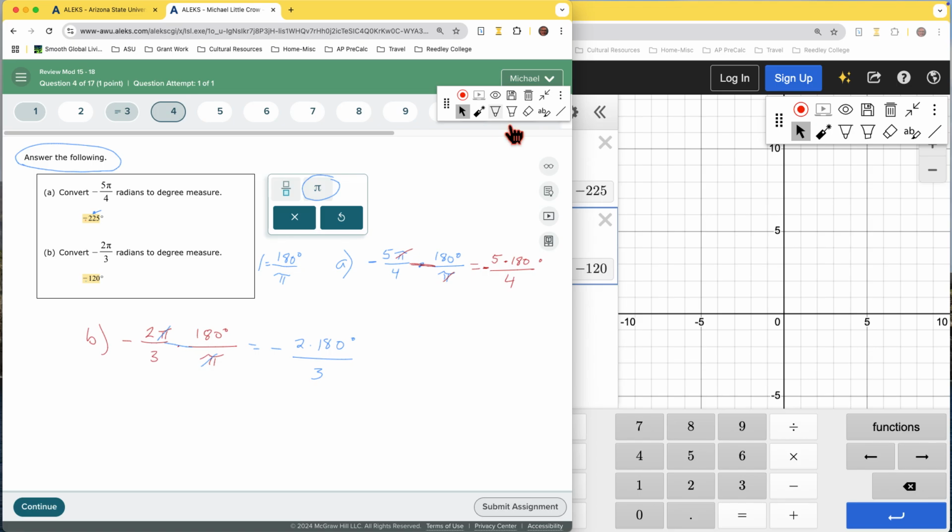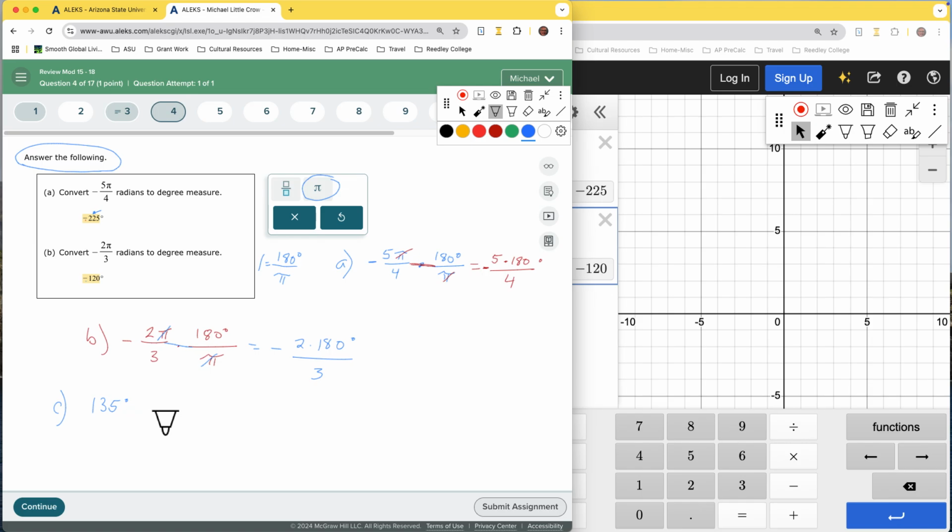Again, I'll show you mainly because if we're going with this rate, if we were given, let's do a C part. Again, it's not here, but let's say C. What if they gave us something like 135 degrees?